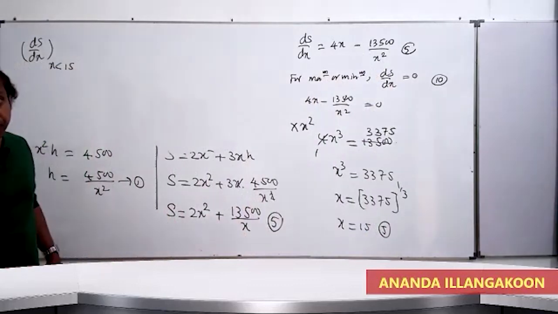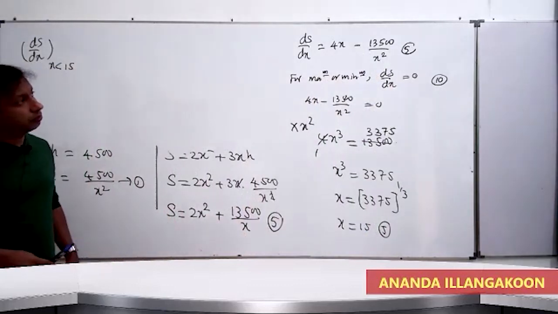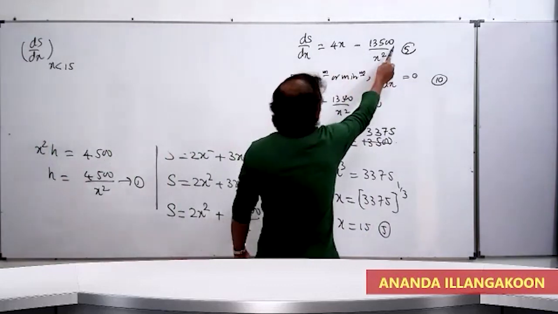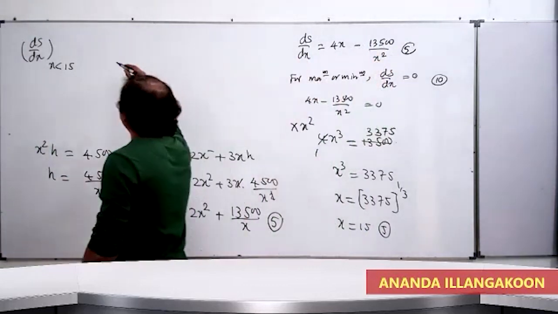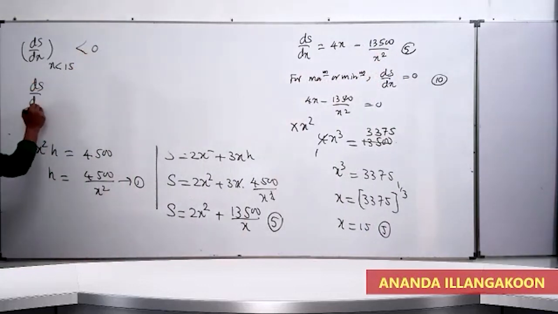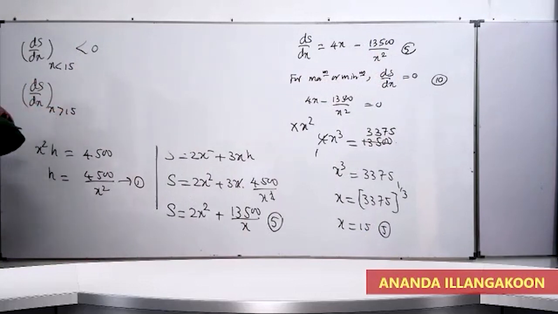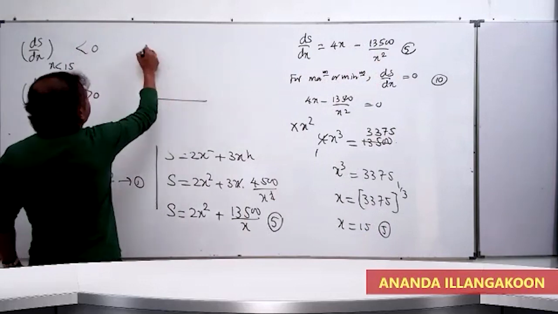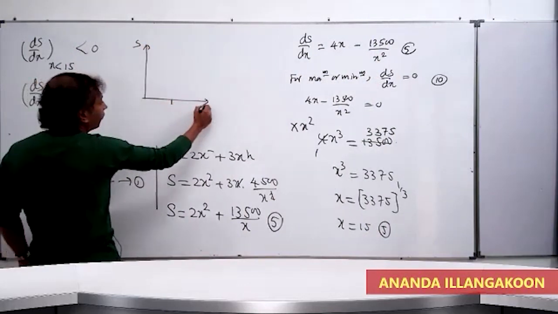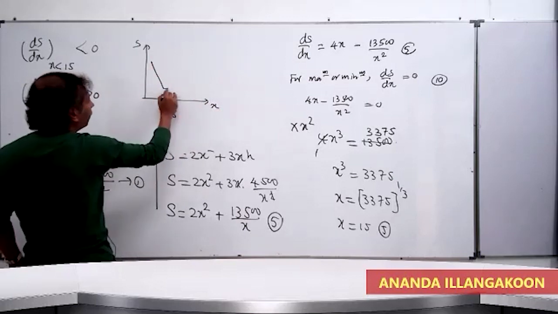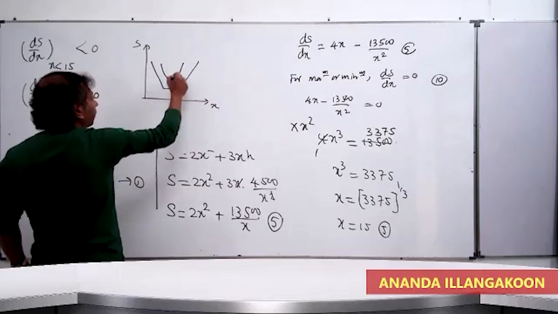It is really negative, people. When you put x as 10, this is 40, but this is more than 40, no? Negative. This way, you can say the surface area, x-axis, this is 15, negative, 0, positive, minimum.